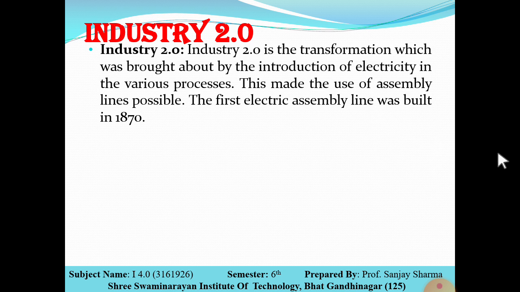Now this made the use of assembly line possible. The first electric assembly line was built in 1870. So you can see here, it is the first electric assembly line that was built in 1870.